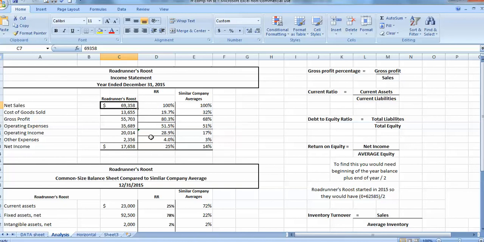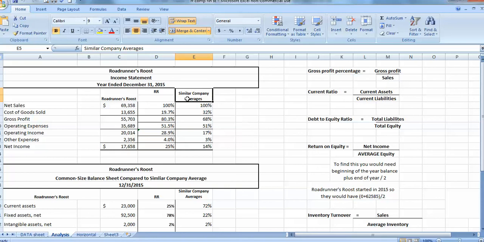Now that we've broken this down, it is easy for us to compare it to another company. Let's say that UCD had a tutoring company and we want to see how we were doing. For every dollar in sales at UCD, 32 cents was their cost of goods sold. That left them with 68 cents on the dollar for operating expenses. We can see that we actually had a lower cost of goods sold and more gross profit.